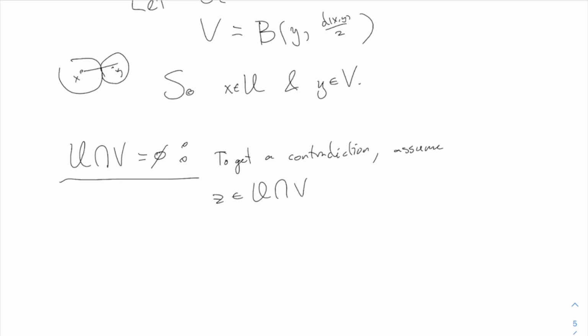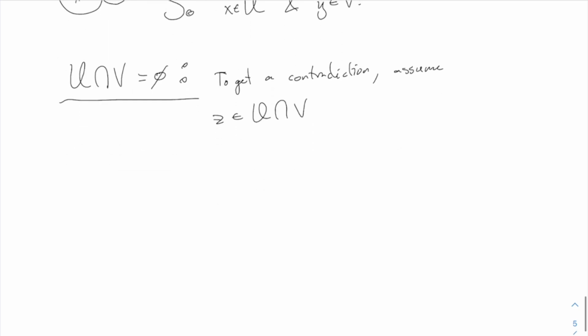Now this is not possible, but this is what we're trying to demonstrate, that this intersection is empty. So to get a contradiction, I assume that there is something actually in between. And then can we somehow show that this violates either the positive definite or the symmetry or the triangle inequality?